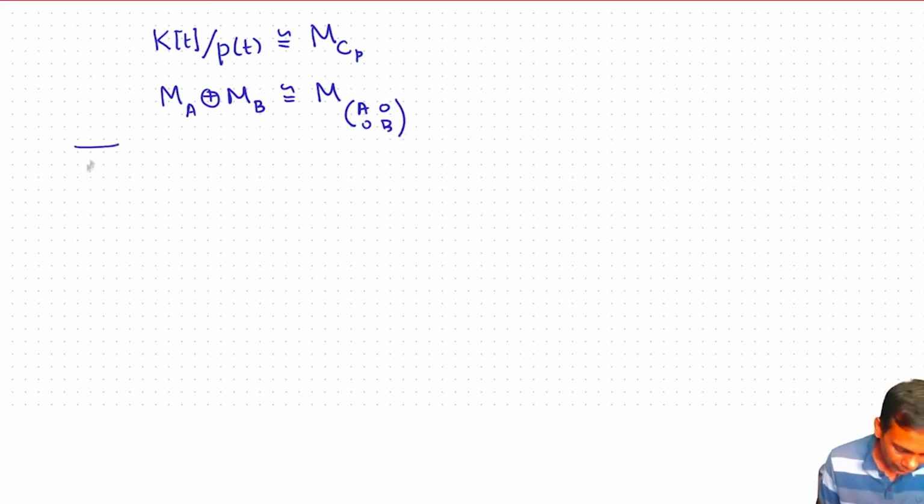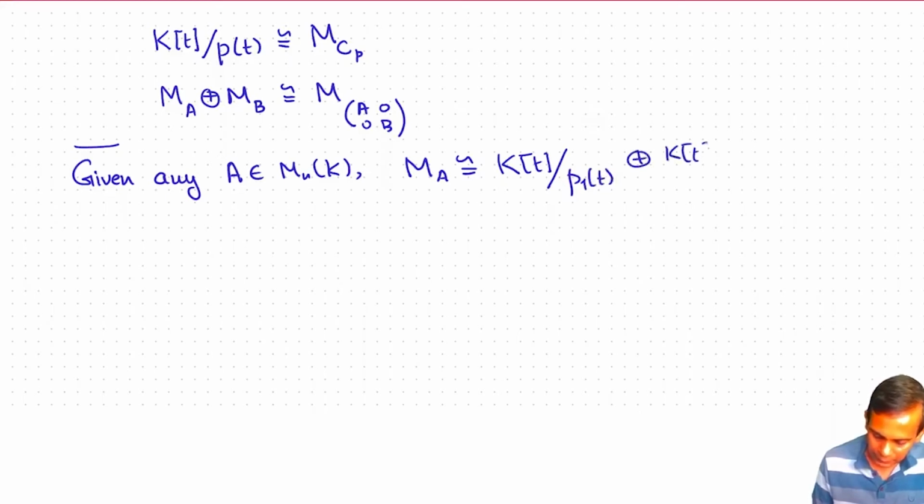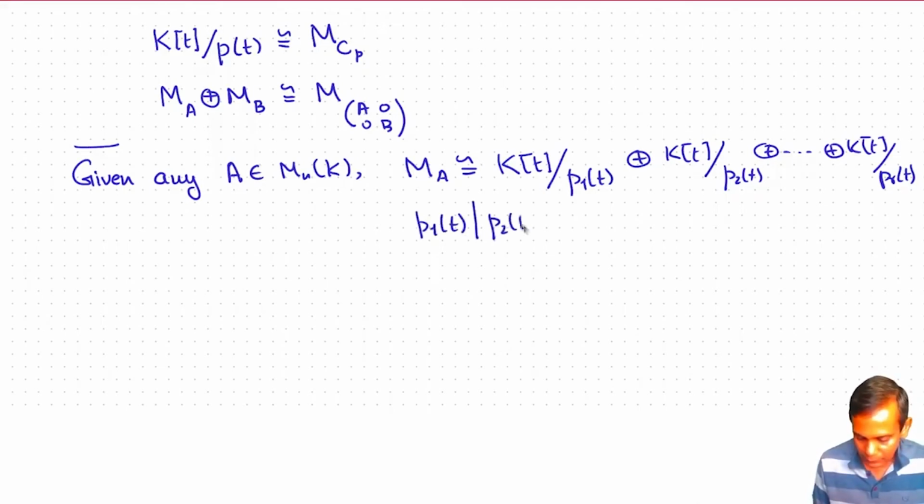So we know that given any matrix A belonging to M_n(K), we can write M_A isomorphic to K[T]/(P1(T)) plus K[T]/(P2(T)), and so on, where P1(T), P2(T) up to PR(T) are all monic polynomials in K[T], and P1(T) divides P2(T) divides PR(T).